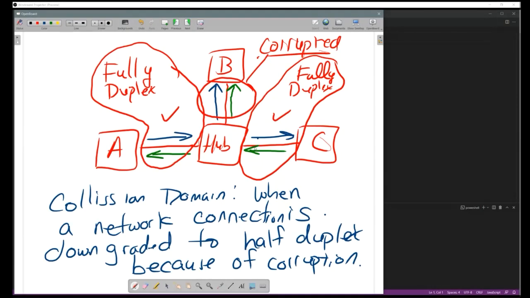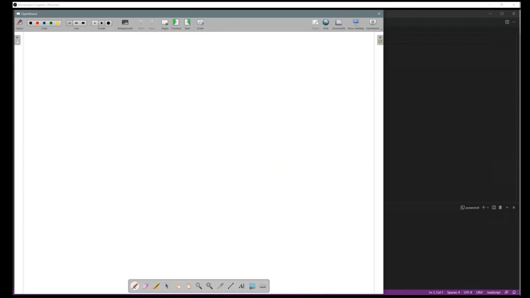If anyone else starts transmitting, that signal itself will become corrupted and unusable. So we cannot combine multiple signals. This was a major problem.